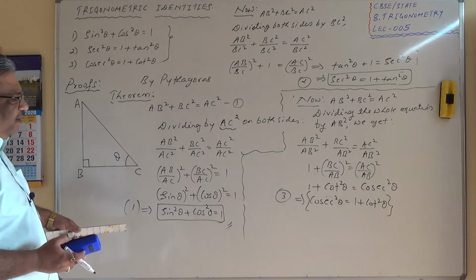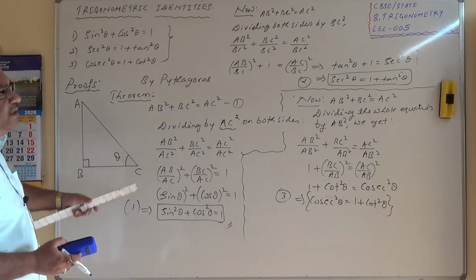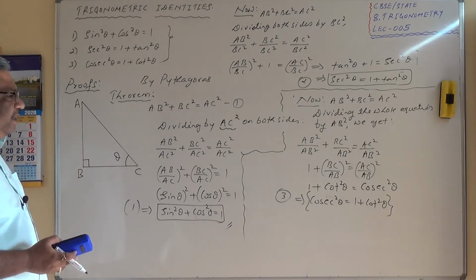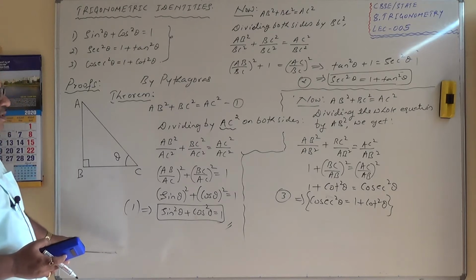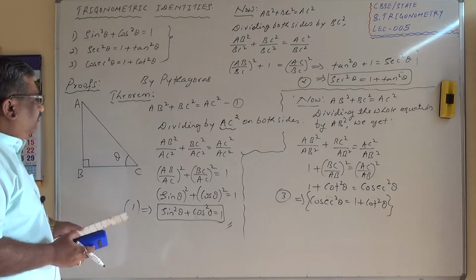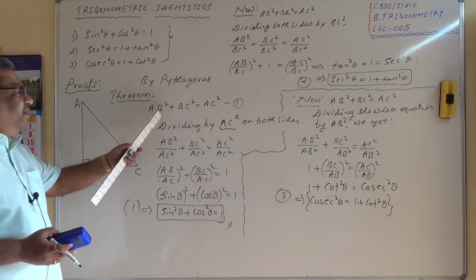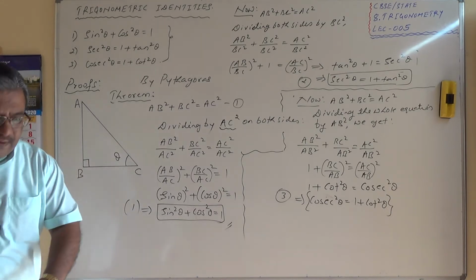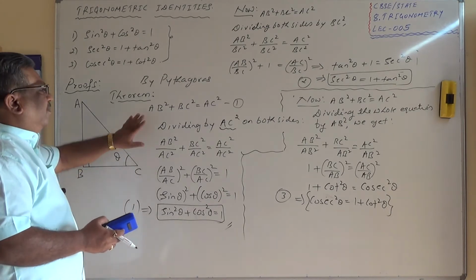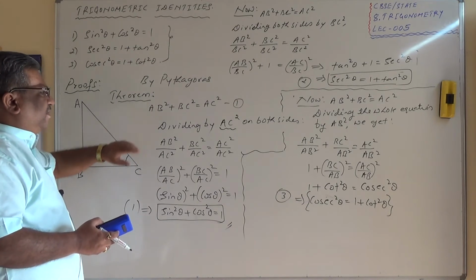So I hope you are able to understand these three important identities and how to derive them. By applying the Pythagoras theorem, we get the first equation.